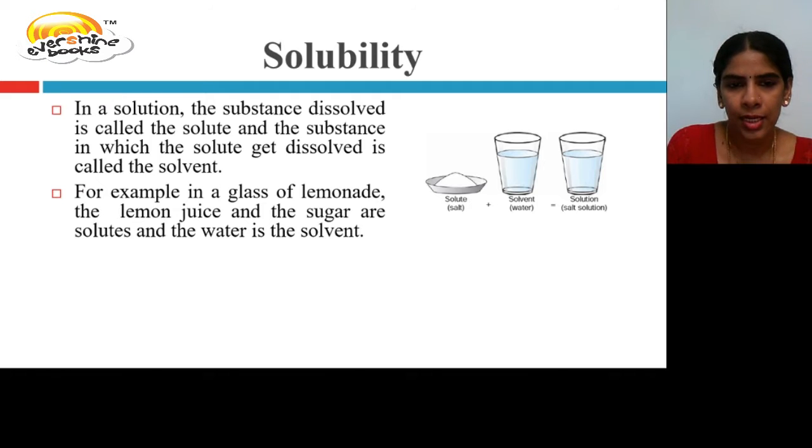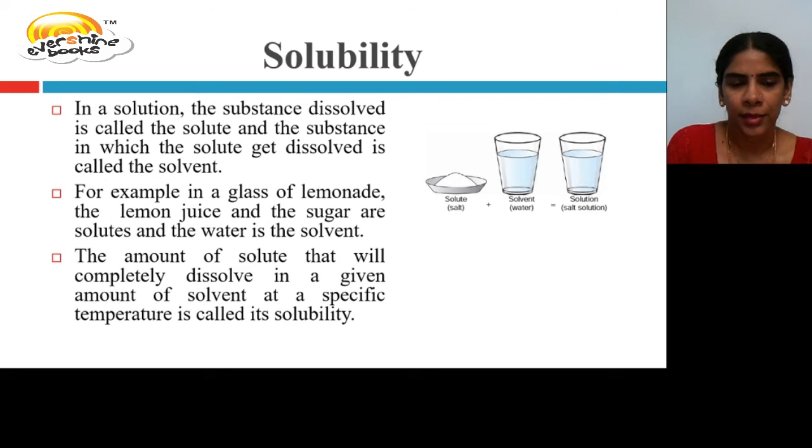For example, in a glass of lemonade, the lemon juice and the sugar are solutes and the water is the solvent. The amount of solute that will completely dissolve in a given amount of solvent at a specific temperature is called its solubility.